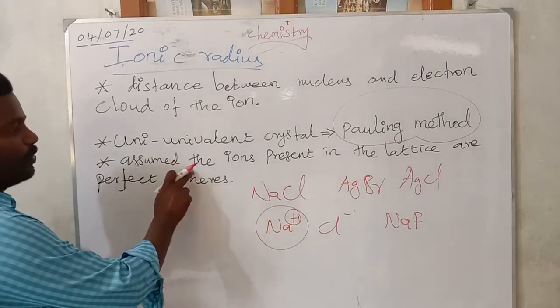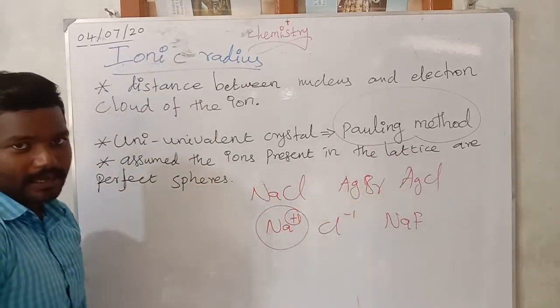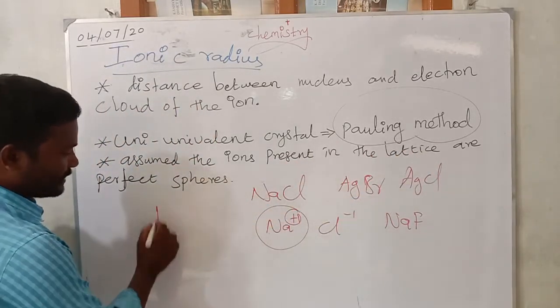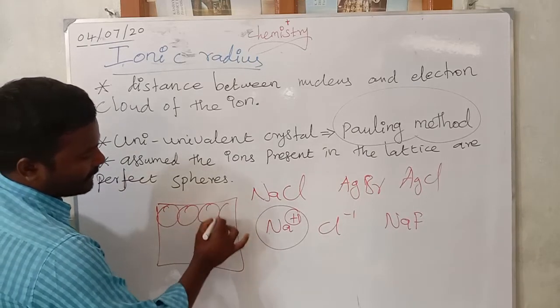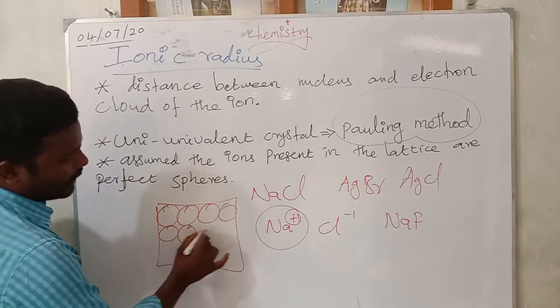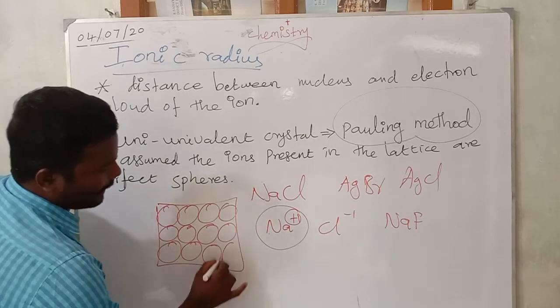Pauling assumed that ions are present in the lattice. What do you mean by lattice? Already I told you in previous classes, the ions are present in crystals in a regularly arranged manner. That is called a crystal lattice.